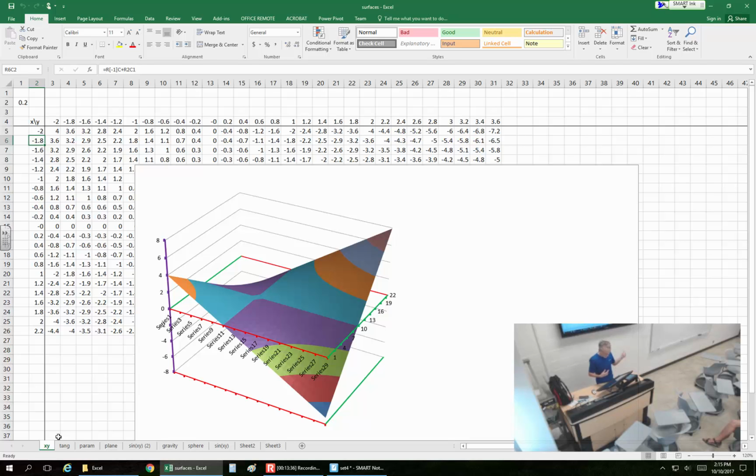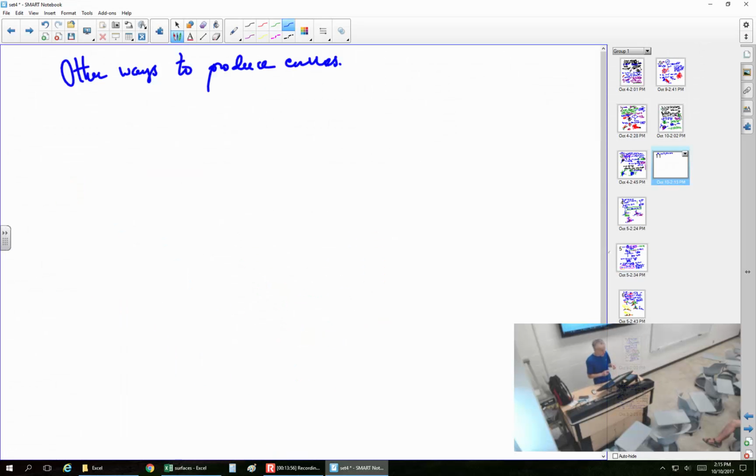Okay, so what happened here? We cut the surface with the horizontal plane this time. So we have been cutting it with vertical planes.